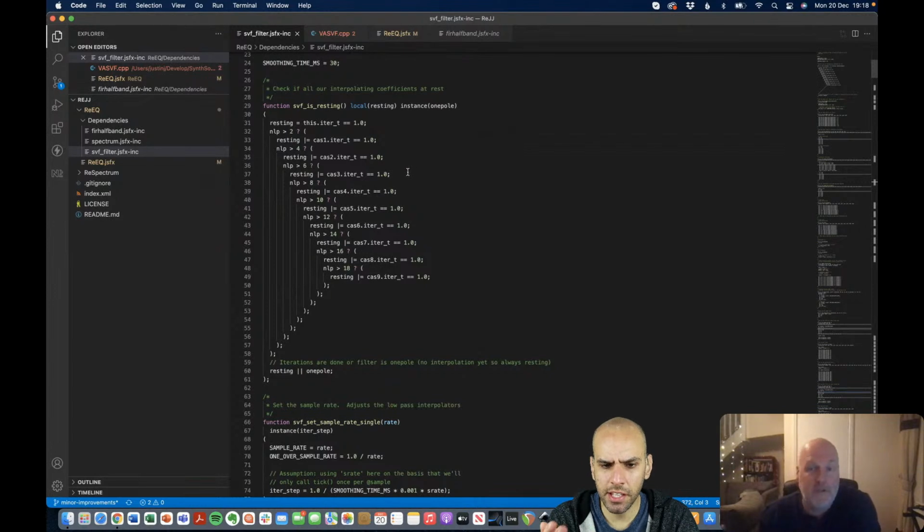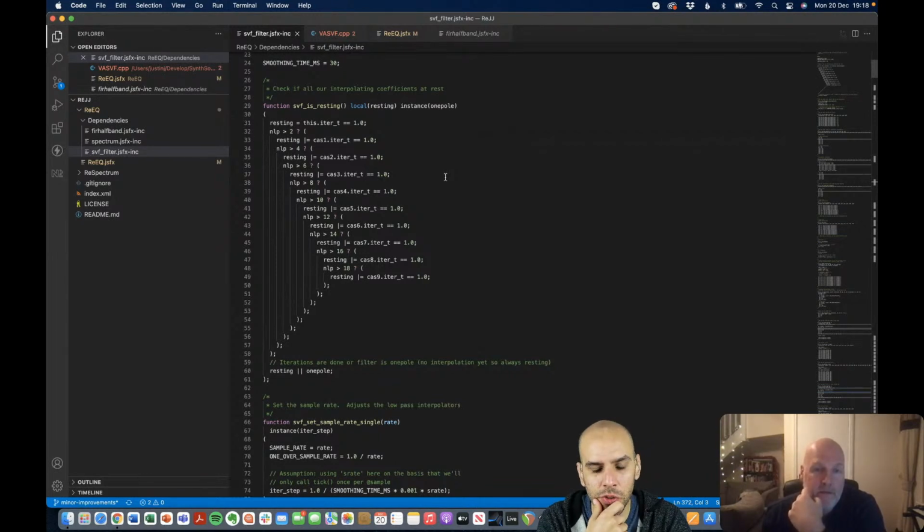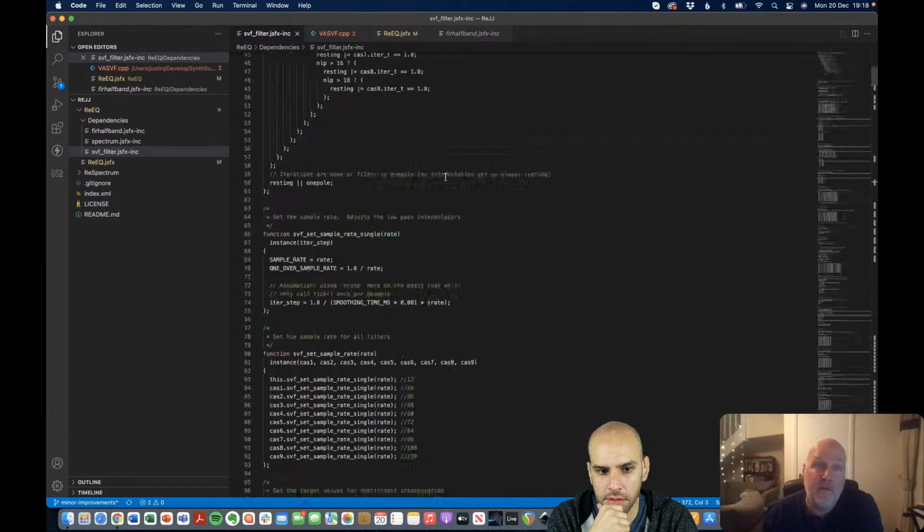As far as I understand from reading the paper, the SVF filters can be interpolated even at audio rate. So you could change the positions of the filters every sample, and it would remain stable, which is kind of cool. It means at least that they won't degenerate or blow up or produce not-a-numbers.